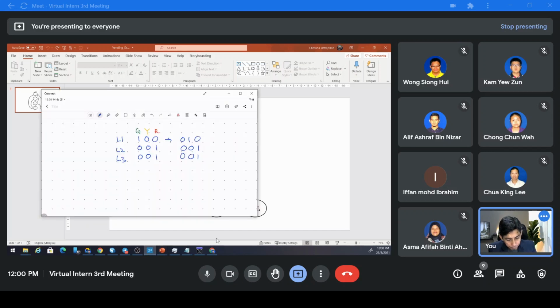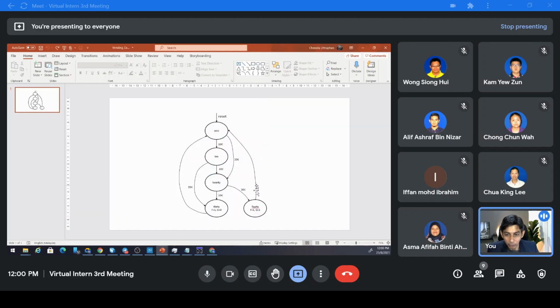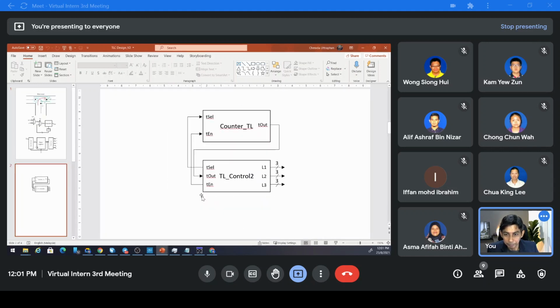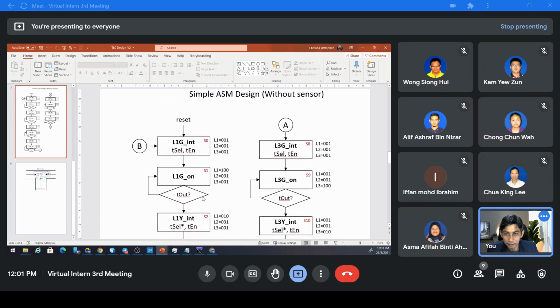ASM, which is algorithmic state machine. So we will use the algorithmic state machine chart, which is actually also used to create an FSM, right? But the behavior is not drawn like this; we use a flowchart, right?